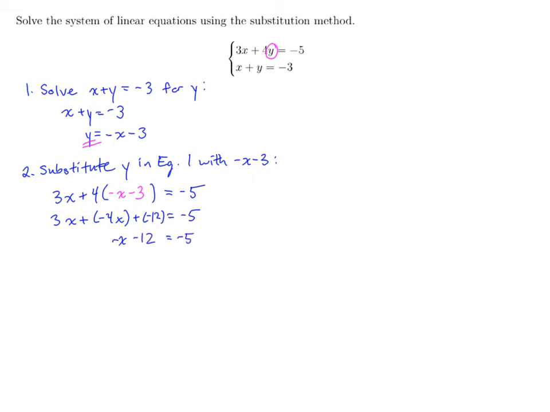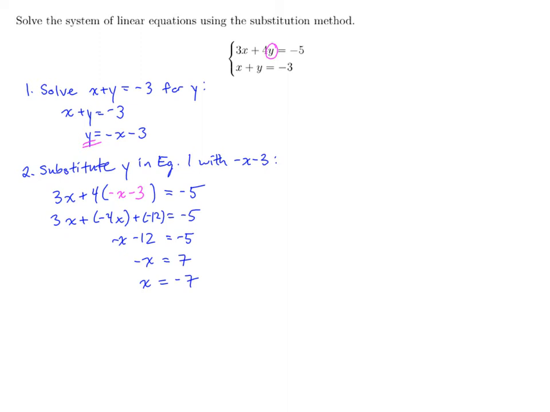To isolate negative x, I'll add 12 to each side, which will give me negative x equal to 7. And then to get x on its own, I'll need to either multiply or divide each side of that equation by a negative 1, which will give me x equal to negative 7. So at this point, I have the value of x that is a solution, or is part of the solution, to this system of equations.